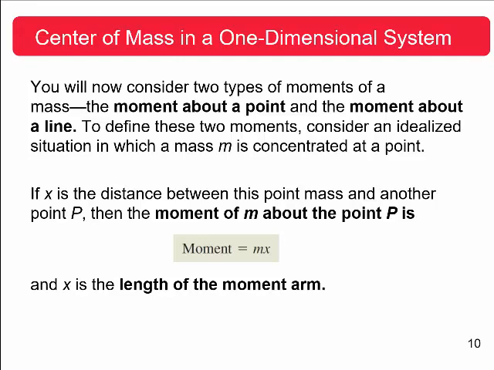If x is the distance between this point and mass, okay, so we're connecting the mass to a point p, then the moment of m about point p is equal to m times x, and x is the length of the moment arm.